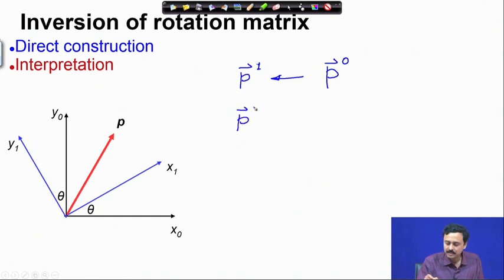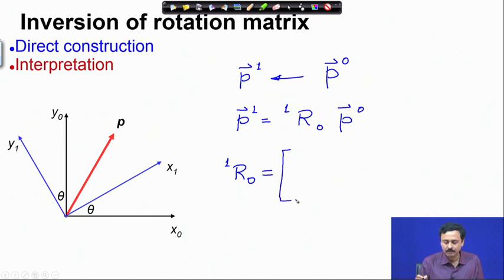So I will write the rotation matrix from 0 to 1 acting on p in frame 0. Since this rotation matrix R 0 to 1 is taking frame 0 to frame 1, I must represent the vectors of frame 0 in frame 1.